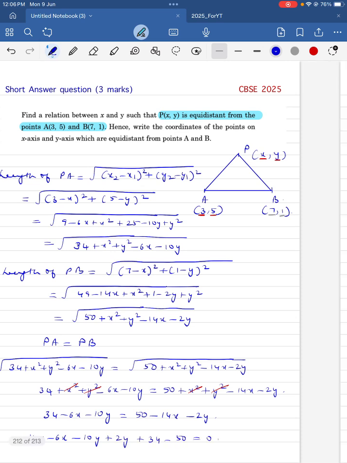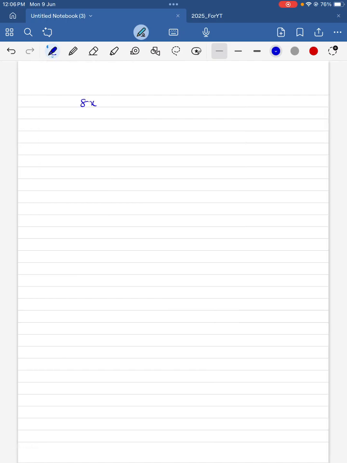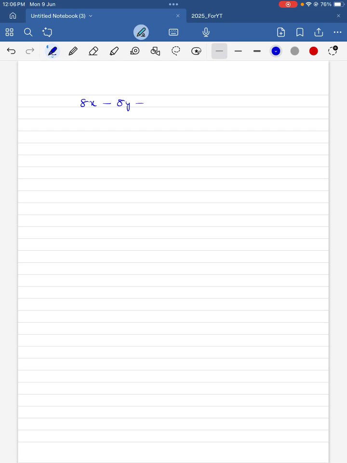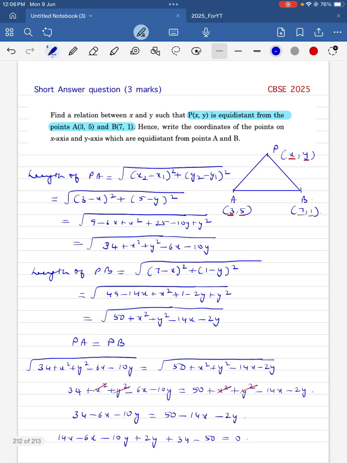Which gives me 8x minus 8y minus 16 equal to 0. Let me divide throughout by 8 and I would get x minus y minus 2 equal to 0, or the value of x minus y becomes 2. So we have answered the first part of the question. We have found the relation between x and y such that the point P is equidistant from A and B.